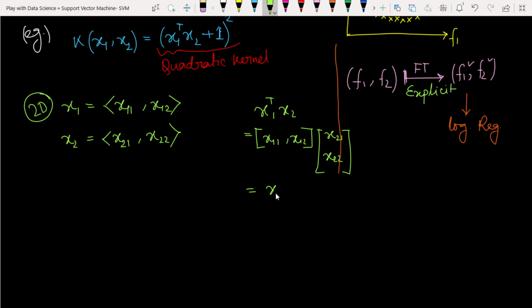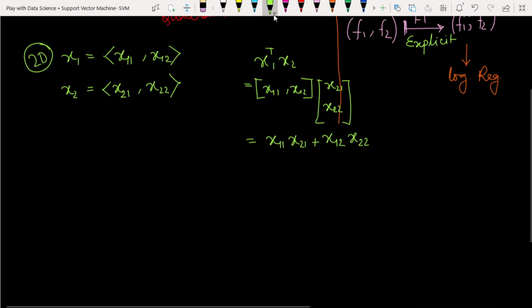So x11 into x21, plus x12 into x22. I am putting this term in place here, so first let me rewrite this equation.